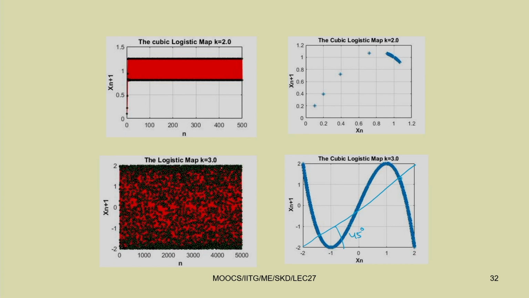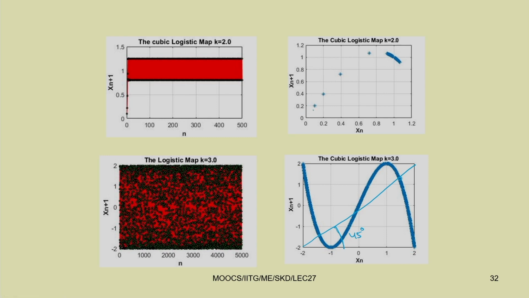Already you know a theorem: the occurrence of a period 3 response shows the existence of a chaotic response. This is the chaotic response seen in the cubic logistic map with k equal to 3. Here we have started with x 0 equal to 0.1, and this is the curve.